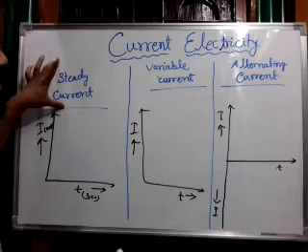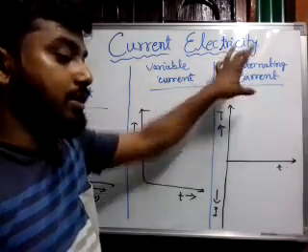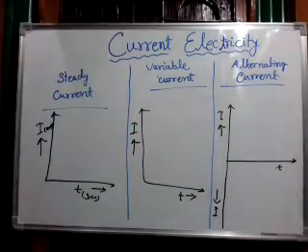What is steady current? What is variable current? And what is alternating current?